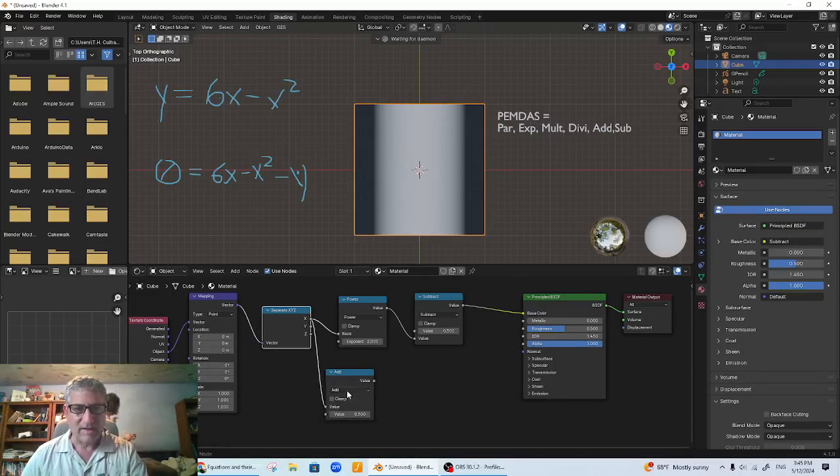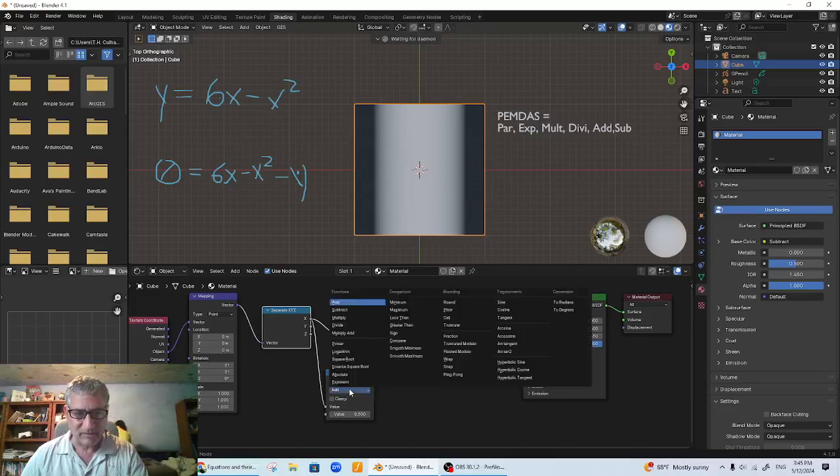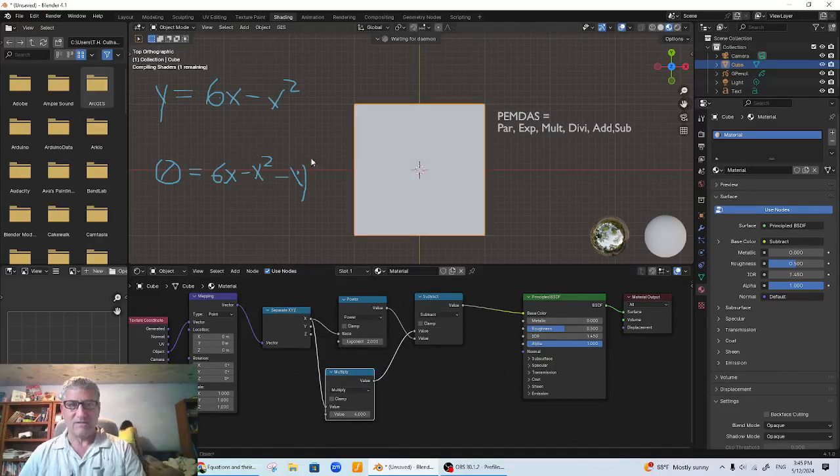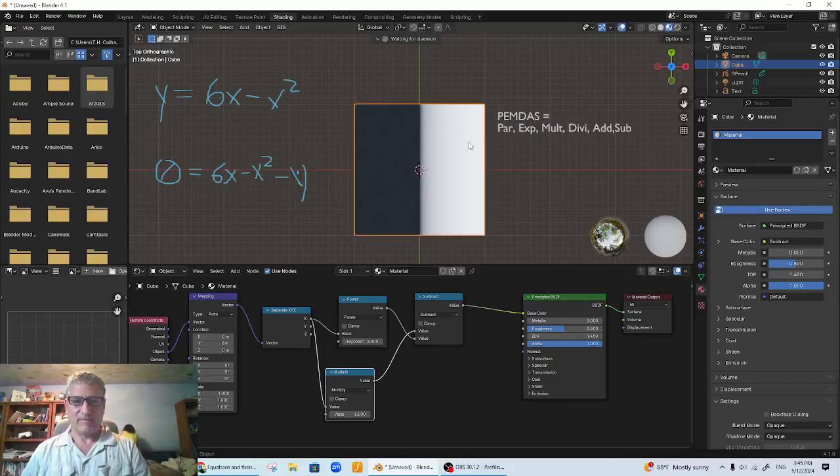And then that's going to be multiplied by 6. So multiply and put the value that it's multiplied by to be 6. And then we're going to take that multiplied 6x and we're going to subtract x squared from it. And then we need to subtract y.